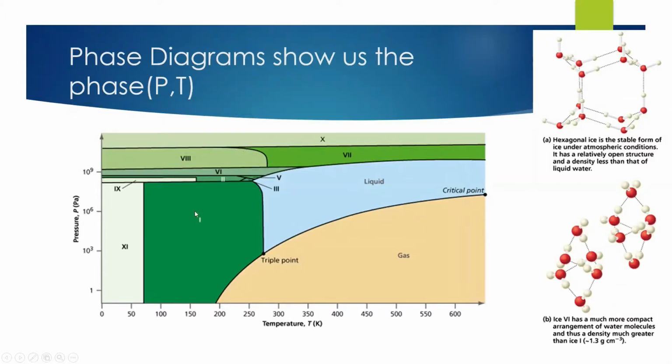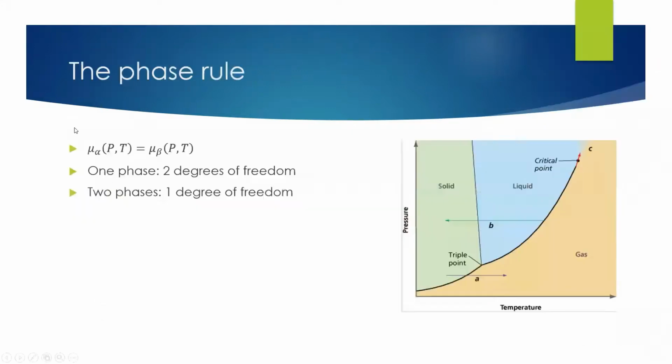We have 8, 7, and 10. We have ice 9, 11, and 1. So we have triple points, and we have coexistence curves, but we never have triple curves or quadruple points. These don't exist. And this was formulated as the phase rule by Josiah Willard Gibbs himself.